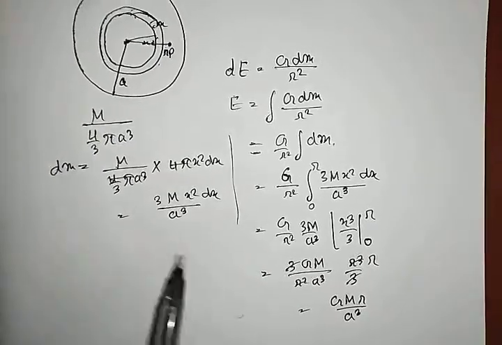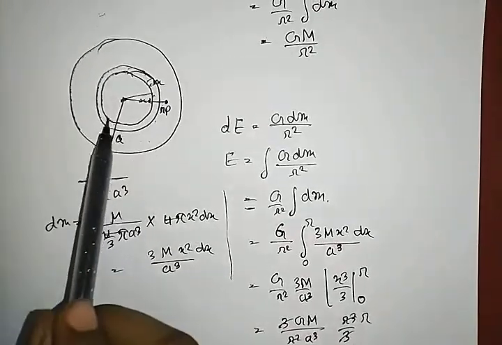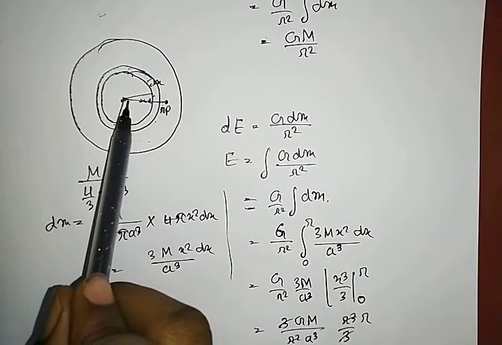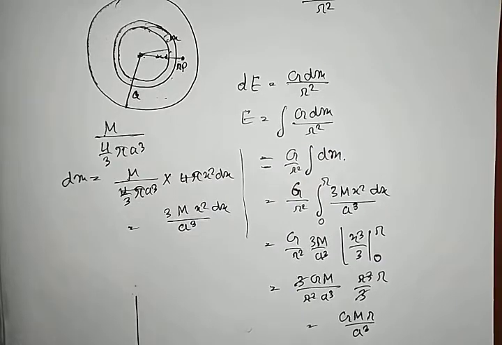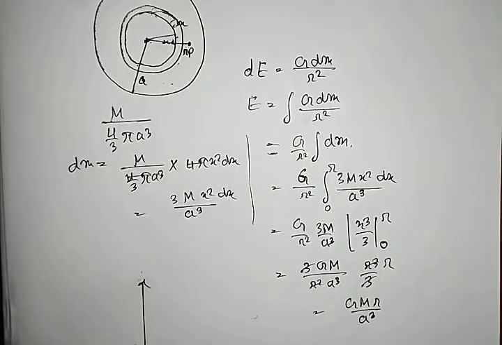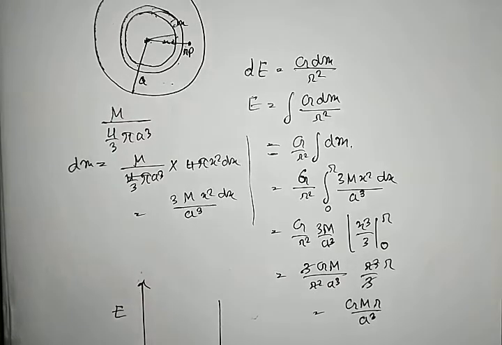So you see that the field inside the sphere increases linearly with the distance from the center. So if we draw a graph of the field versus the distance, this is the magnitude of the field here, and this is the distance. So we'll get a maximum around here, that is at the radius.